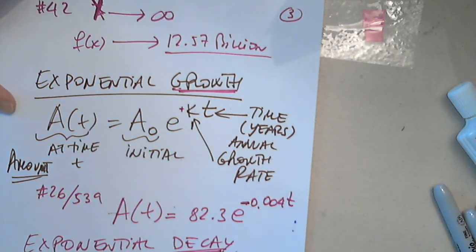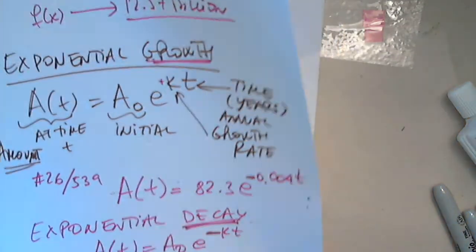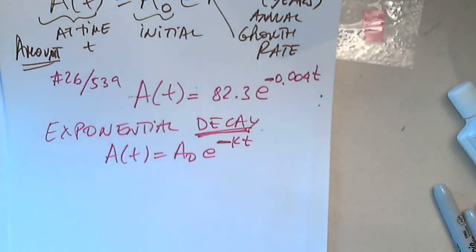Okay, so let's see what they say about this model and what it gives. It models the population of Germany, A, in millions, t years since 2010.